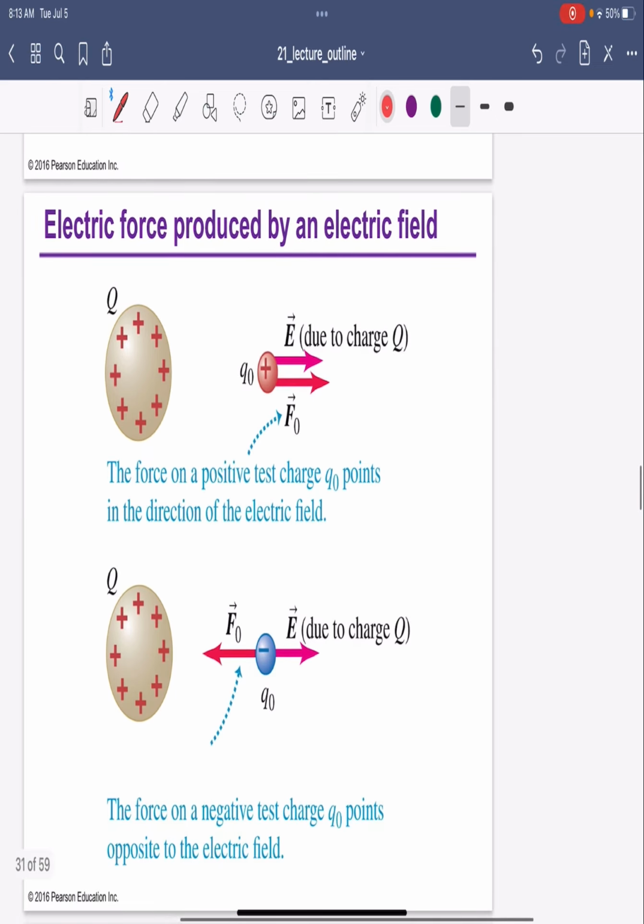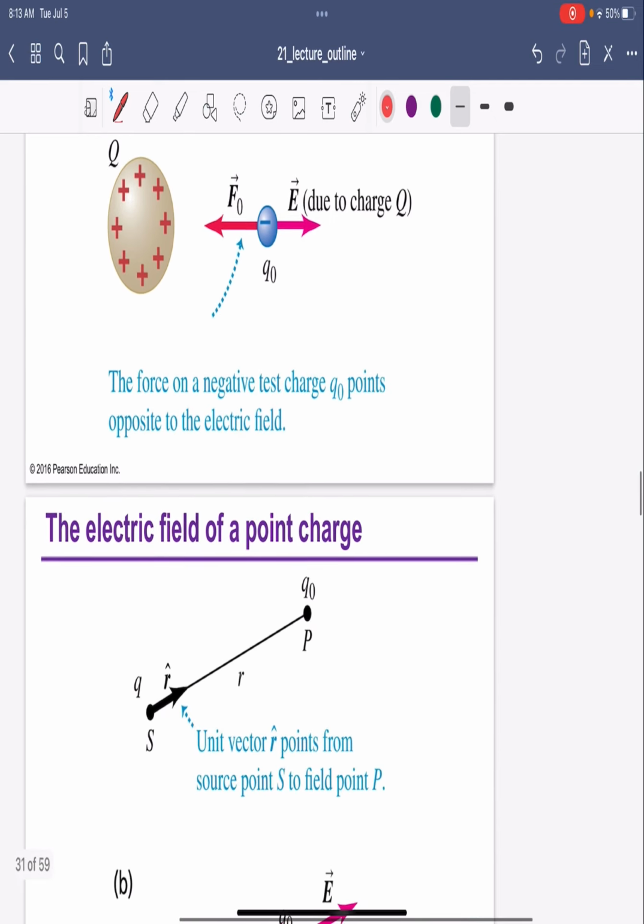If the charge I put at this point P is negative, then the electric field and the force are in opposite directions. This is very important whenever you talk about forces acting on charged particles like electrons, protons, or whatever.